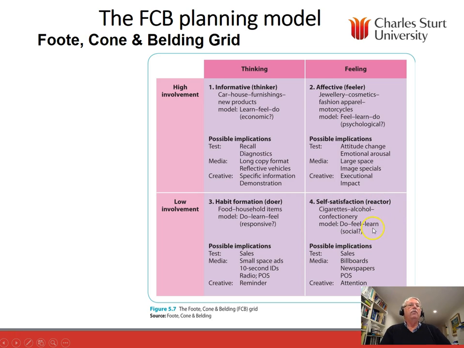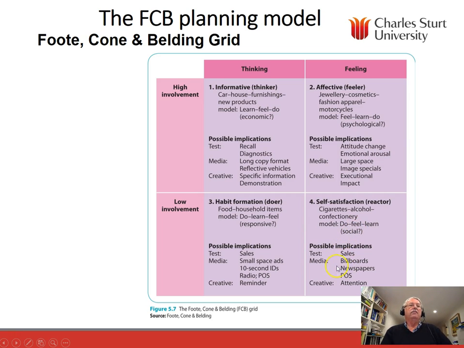Then if we have low involvement products, where there's the sense of feeling attached, such as self-satisfaction, we're talking about cigarettes, alcohol, confectionery. Here basically we buy, then the marketeers try to develop positive feelings, and we call this a social approach.